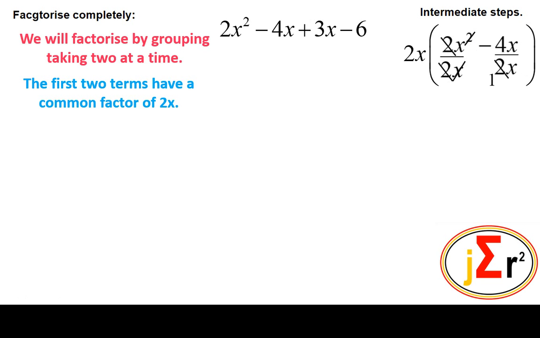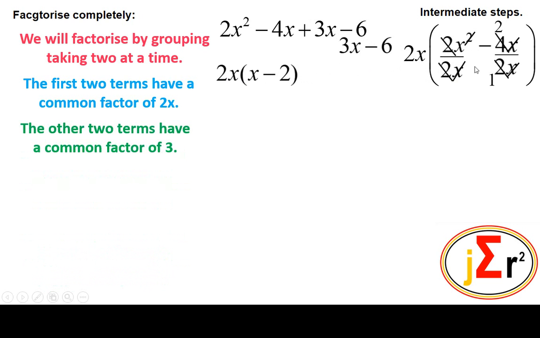Of course, 2 into 2 is 1, and 2 into 4 is 2. Finally, the x's are cancelled. Now, we have our factorized form. The common factor is 2x. In the brackets, all that is left for the first term is x, and all that is left for the second term is 2.